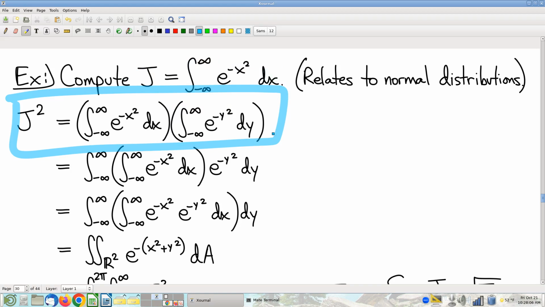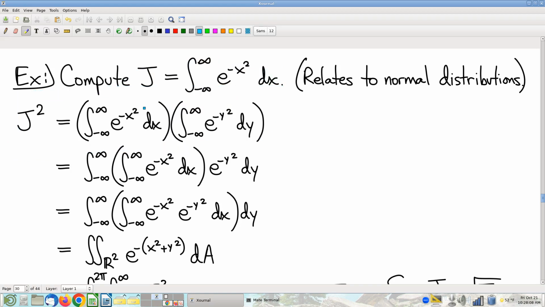And here's how that works. First of all, let me recognize that this is j squared. There's a j. Now this looks a little different because it's got a y dummy variable instead of x, but it's a dummy variable. Right? The value that the integral ends up being is independent of the letter of the alphabet that you use to represent the variable, right? Of course.